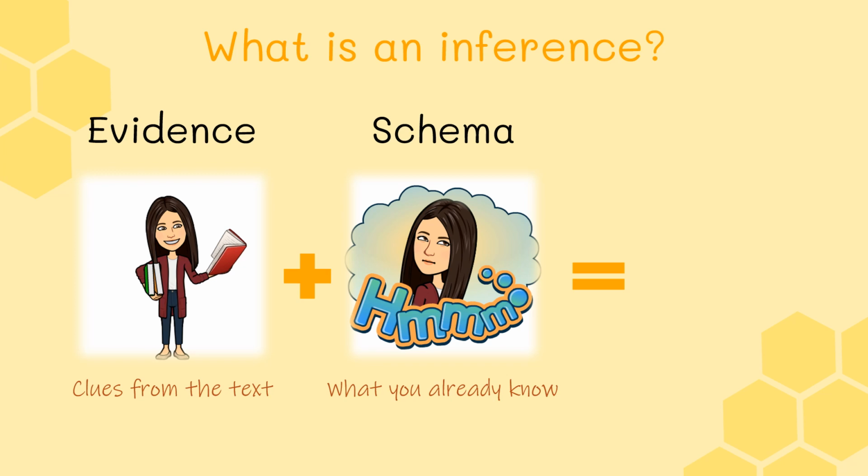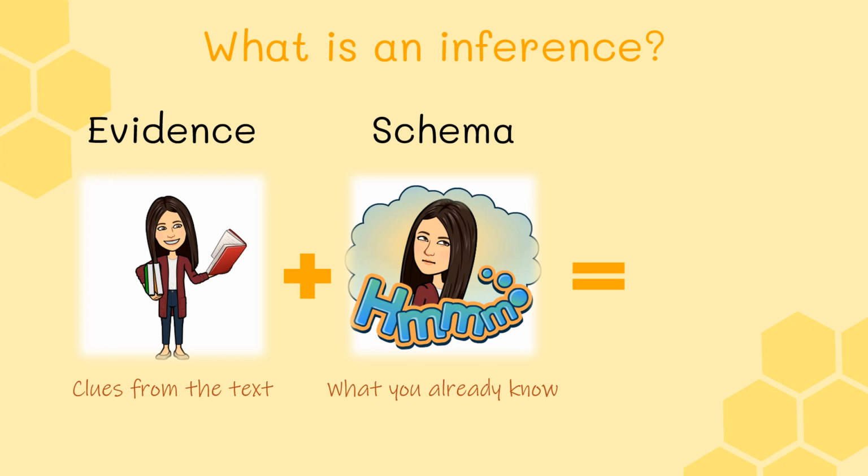For example, we might be reading a story about a storm, and in the story, the author wrote that Sam heard a loud boom. Okay? So the evidence from the story is that Sam heard a loud boom. And we already know that thunder can make loud noises, right?